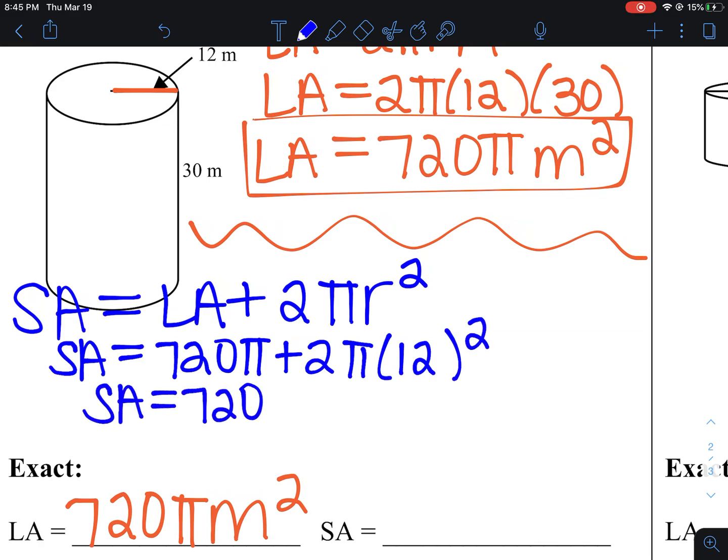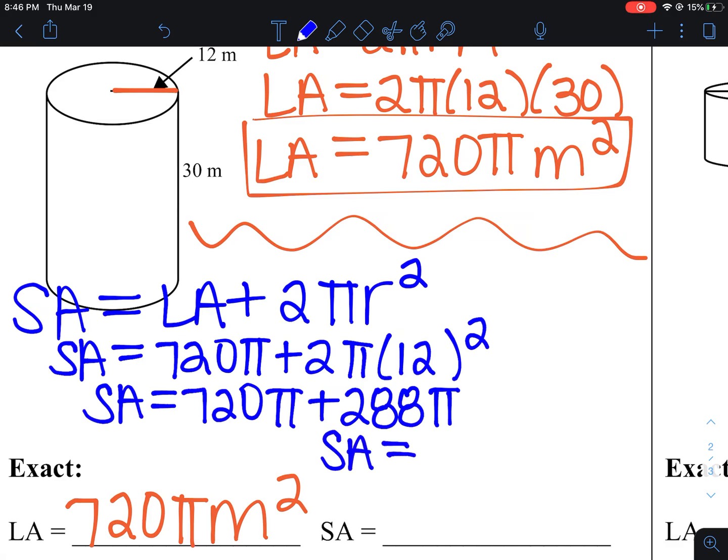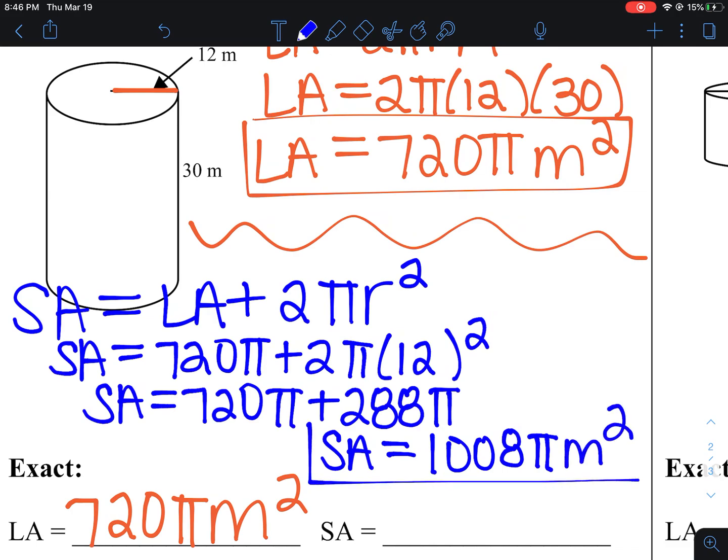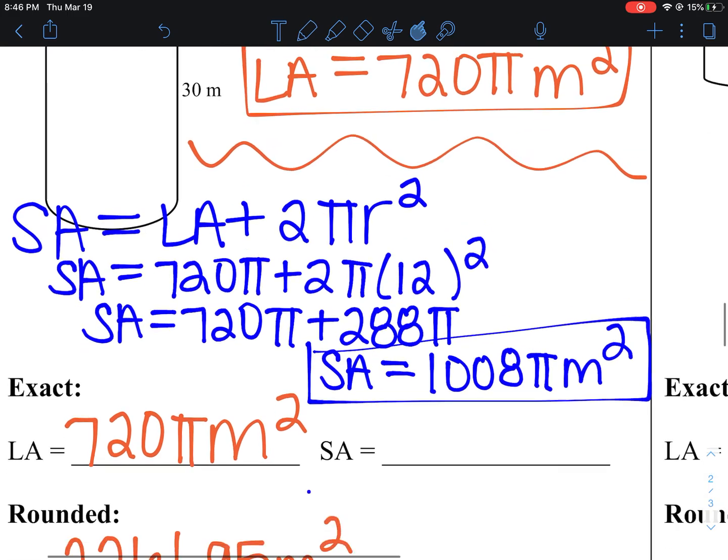So this becomes 720 pi plus, so 12 squared is 144, times 2 is 288. When you add those together, you have 720 plus 288, that's 1,008 pi meters squared.